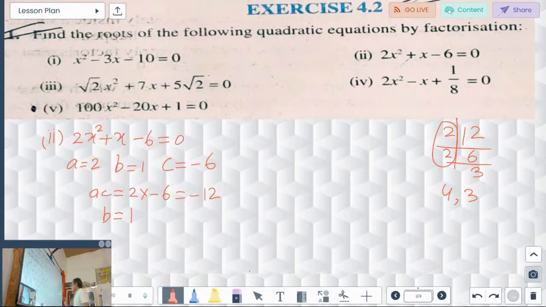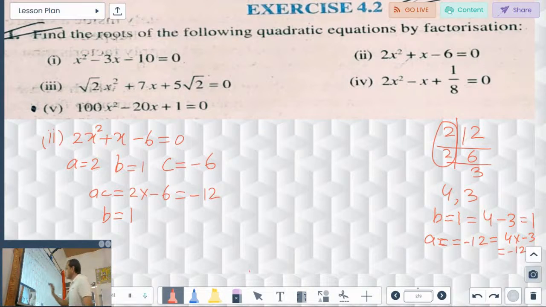Now b equal to 1, so plus 4 minus 3 equal to 1 and ac equal to minus 12. Minus 12 means 4 into minus 3 equal to minus 12. Both conditions are satisfied, ac equal to minus 12 and b equal to 1.